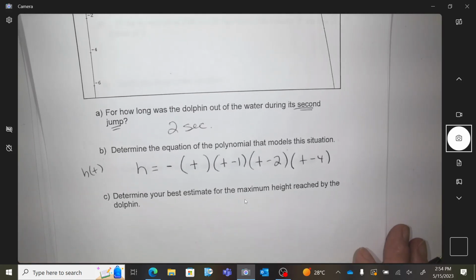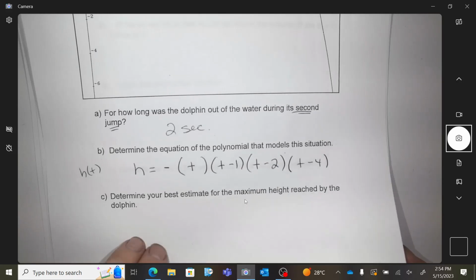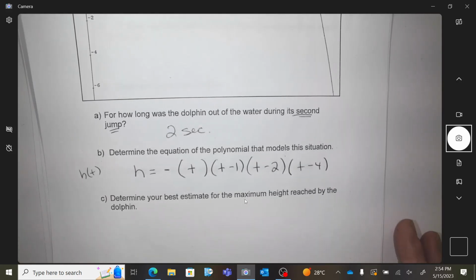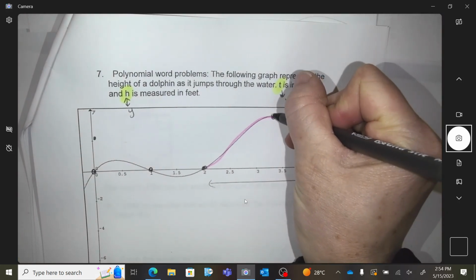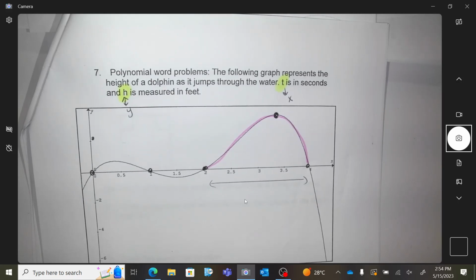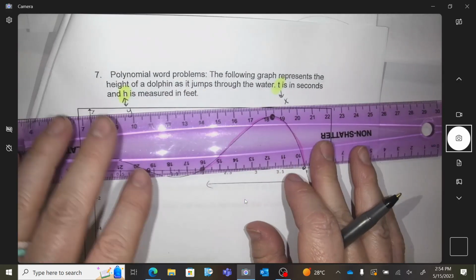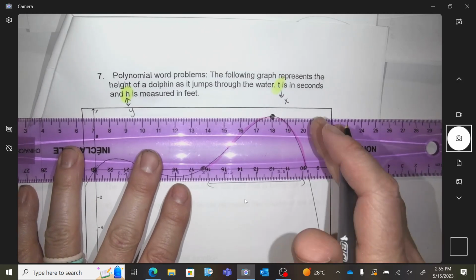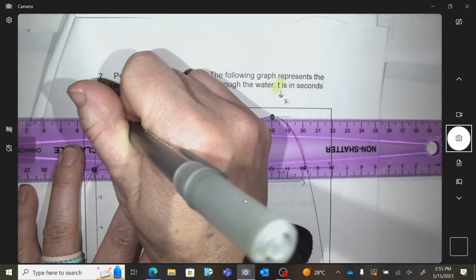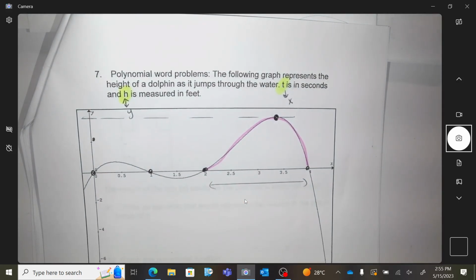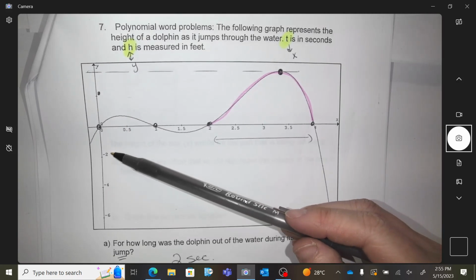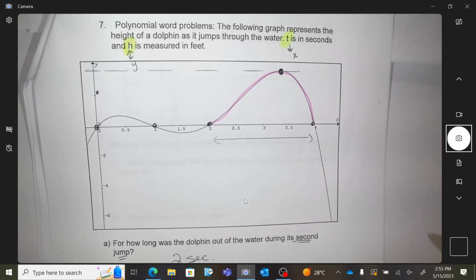Okay, so determine your best estimate for the max height reached by the dolphin. So here's the max, right about there. And then if I thought about my ruler, it says determine it with your best judgment according to this graph. What do you want to write? Looking at these tick marks, I feel like it's not quite 4.